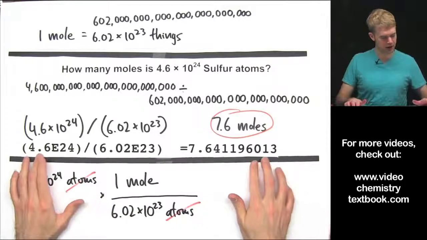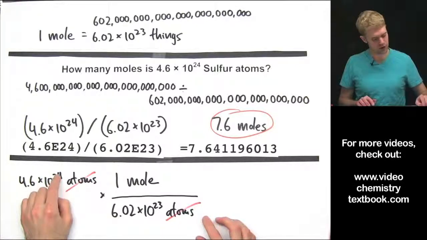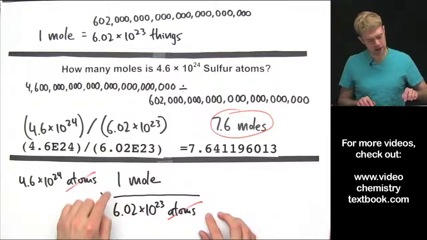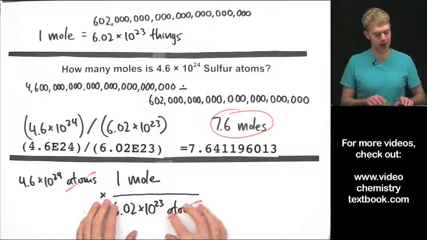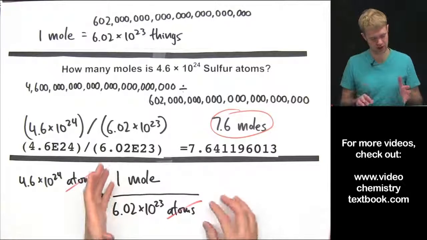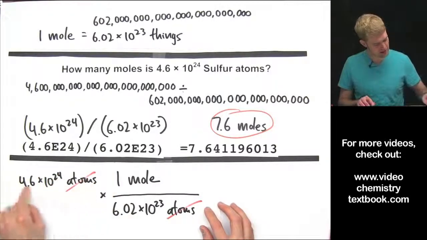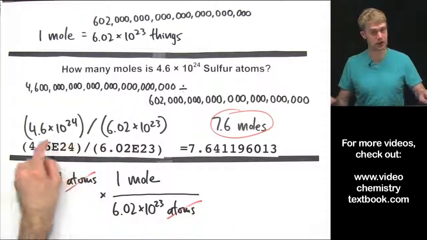And now what's the math we're going to do? The math is going to be 4.6 times 10 to the 24th times 1 divided by 6.02 times 10 to the 23rd. Now, multiplying this number by 1 isn't really going to change anything. So all we're really doing is taking this number and dividing it by this number. The exact same math that we did up here.